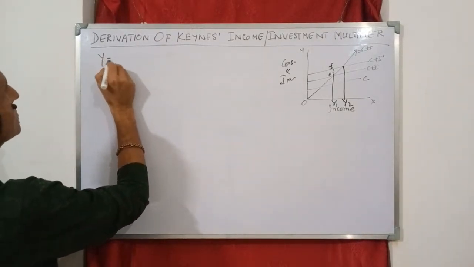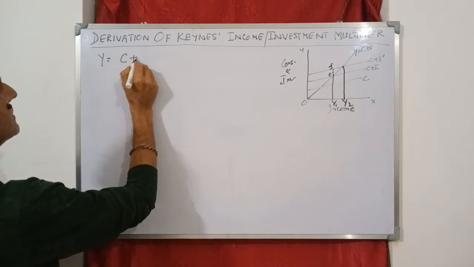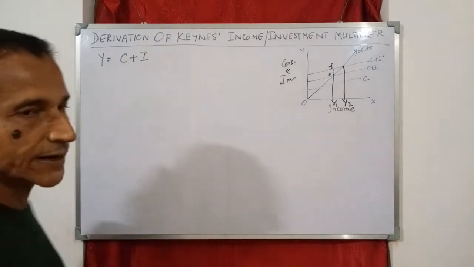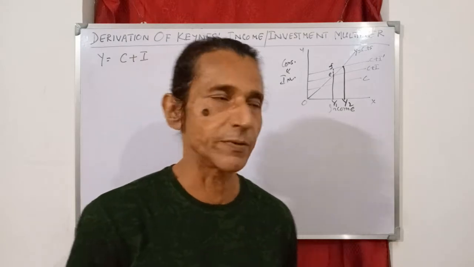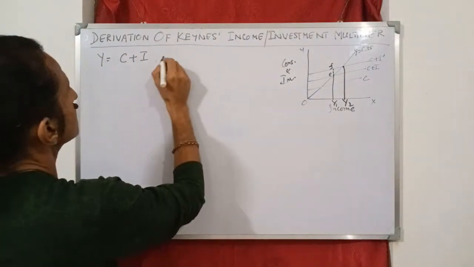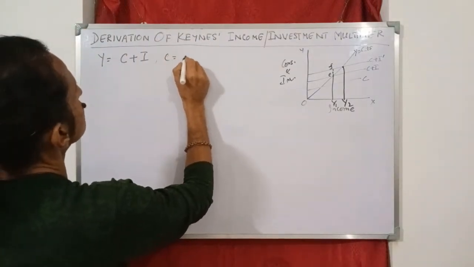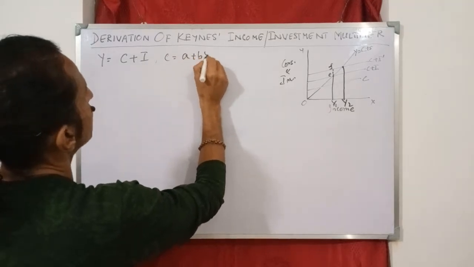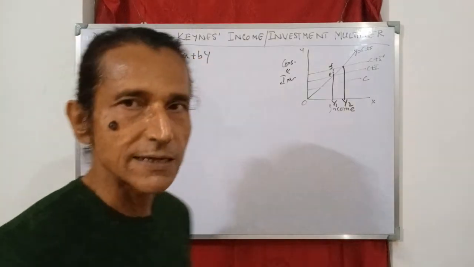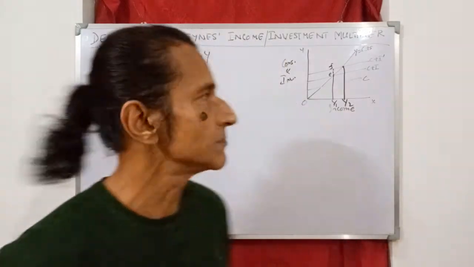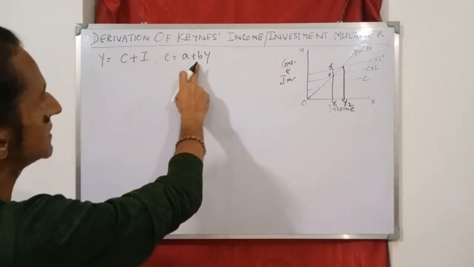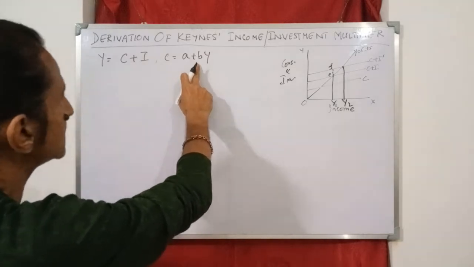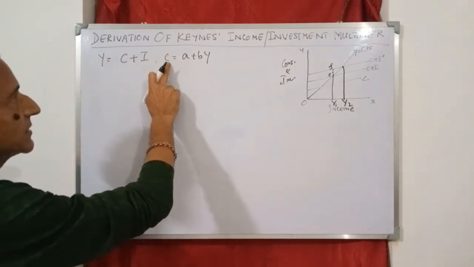Y equals to C plus I, that is aggregate income equals to total consumption plus total investment. And C equals to A plus BY. We have learned it in the consumption function, Keynes consumption function, where A is autonomous consumption, B is the marginal propensity to consume, that is MPC, C is total consumption, and Y is income.